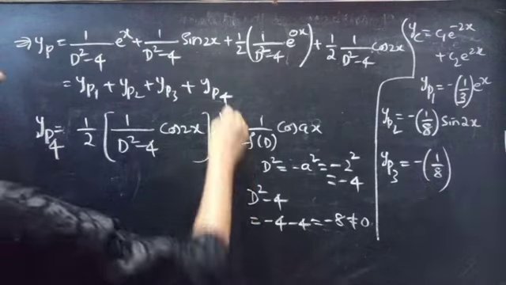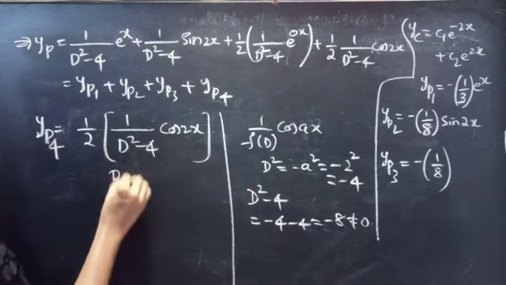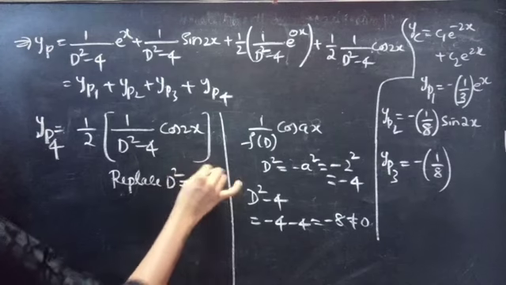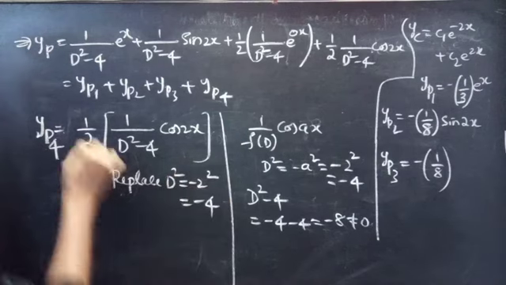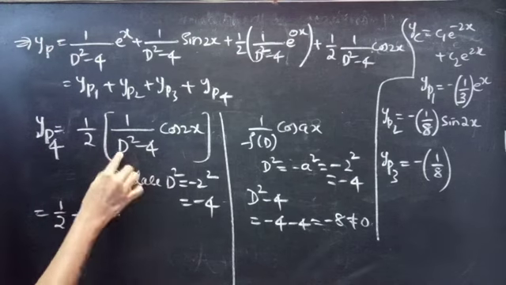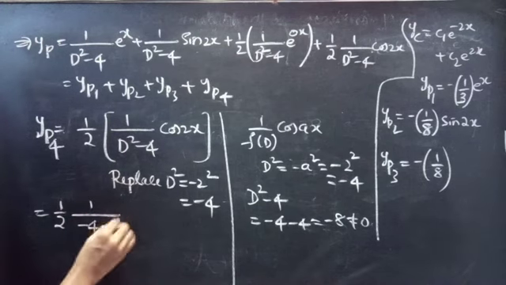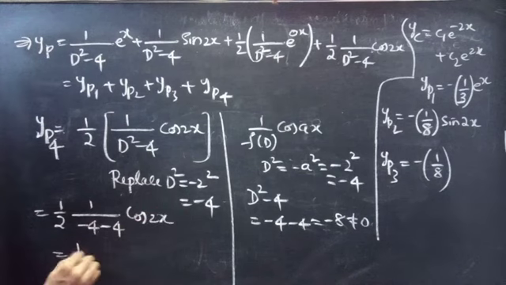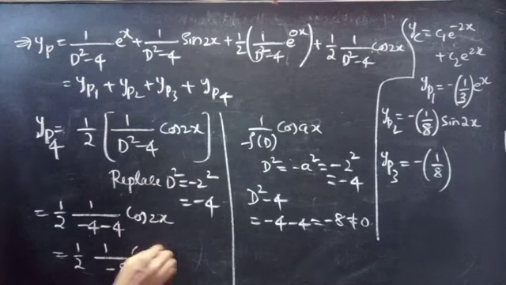So what we'll do, we'll just replace d square by minus 2 square equals minus 4. Then this becomes 1 by 2 into 1 by, replacing d square by minus 4, we get minus 4 into cos 2x, which is equal to 1 by 2 into 1 by minus 8 into cos 2x.